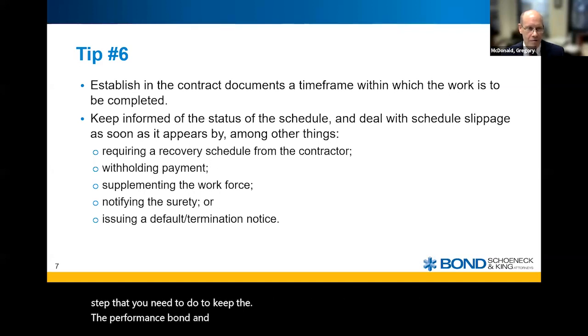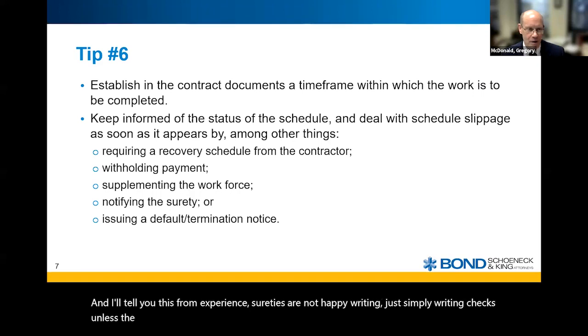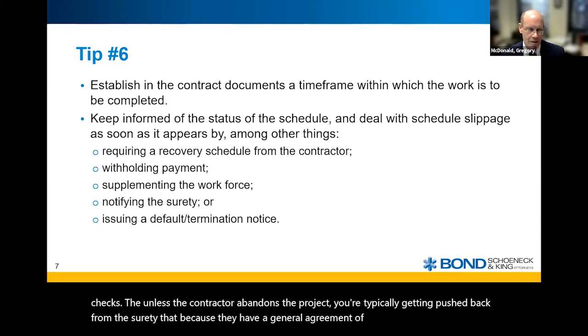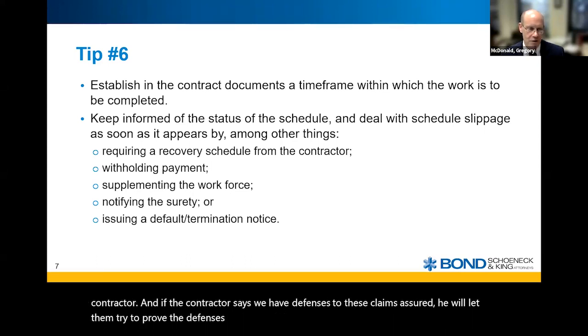And I'll tell you this from experience: sureties are not happy simply writing checks, unless the contractor abandons the project. You're typically getting pushback from the surety because they have a general agreement of indemnity with the contractor. And if the contractor says we have defenses to these claims, the surety will let them try to prove the defenses and defend the surety in an action.